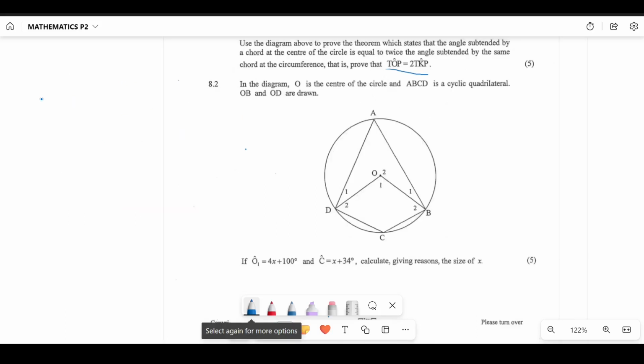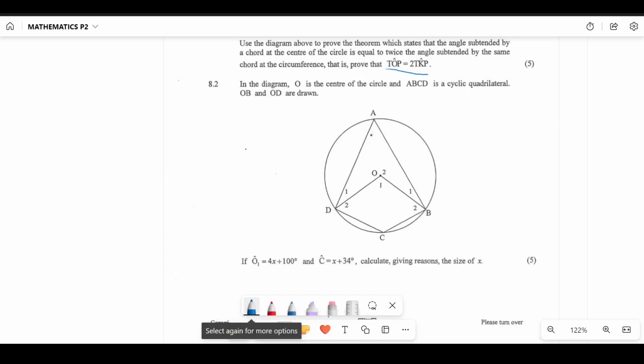That is 8.1. Okay, let's go to 8.2. In the diagram, O is the center of the circle and ABCD is a cyclic quadrilateral. OB and OD are drawn. If O1 is given as 4x plus 100 and C is x plus 34, calculate giving reasons the size of x.